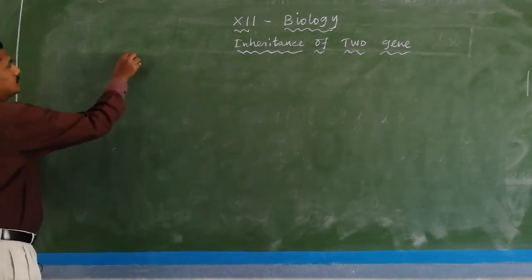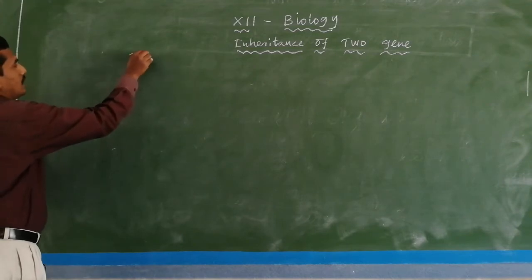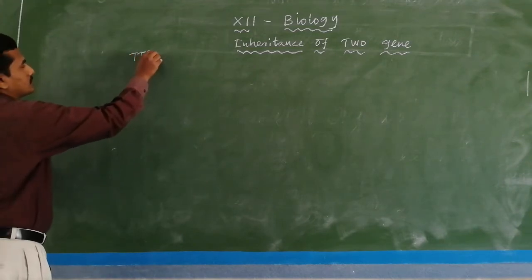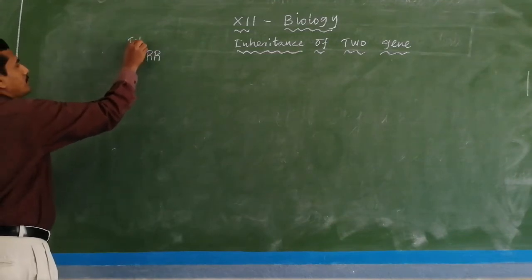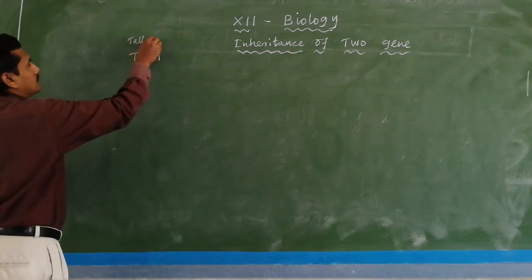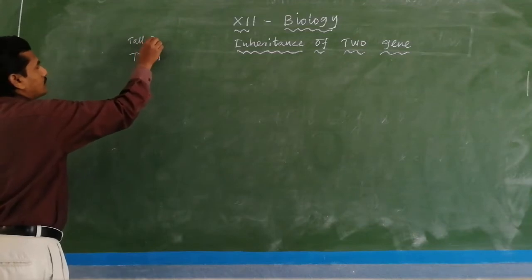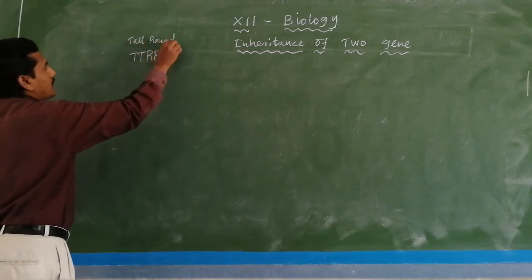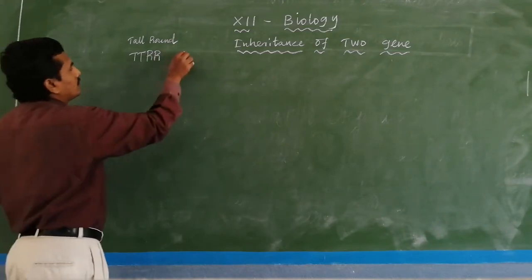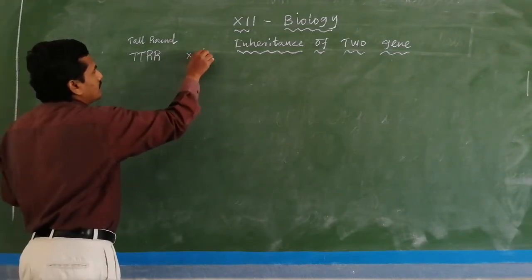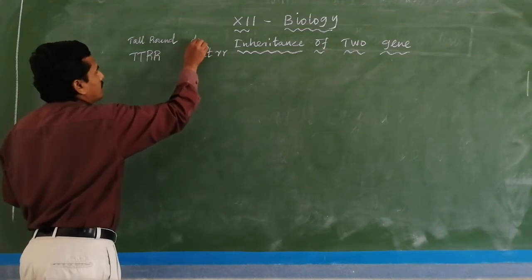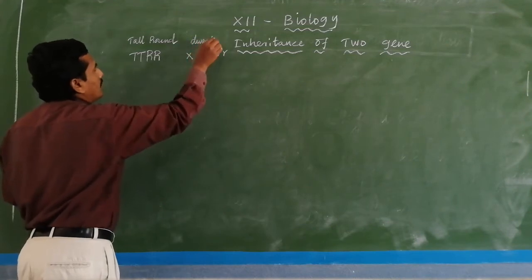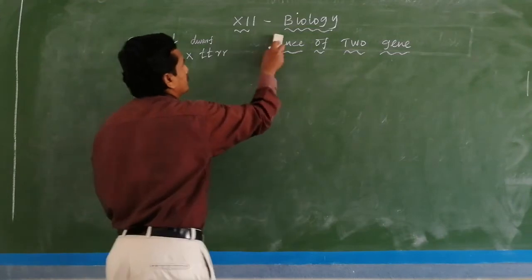Stem height capital T, and both the characters in one generation. Seed shape. Tall pea plant with round seeds and dwarf pea plant with wrinkled seeds.